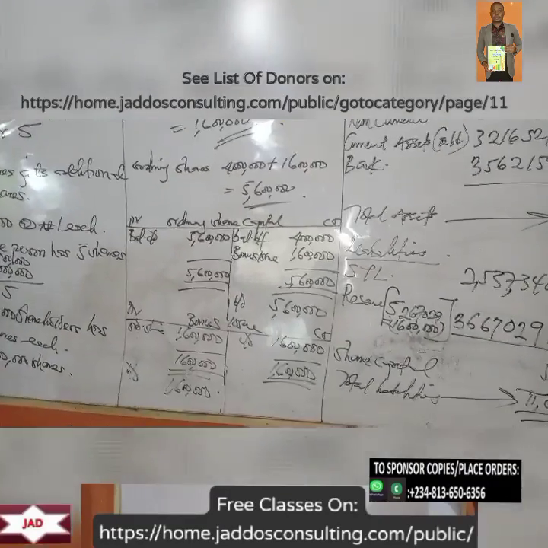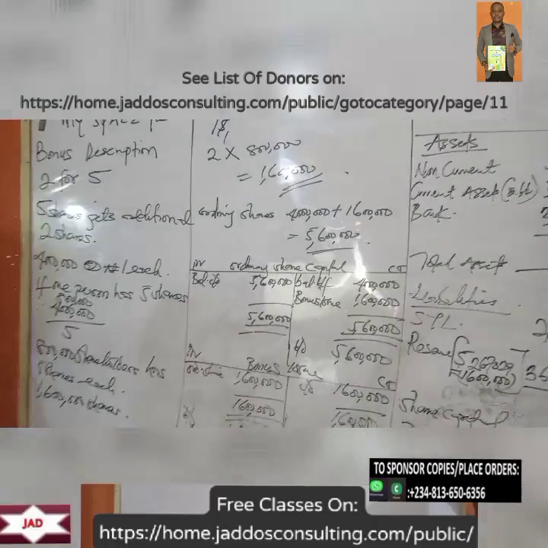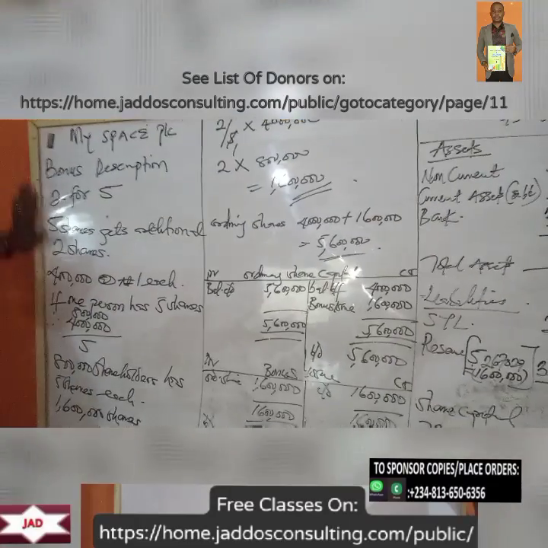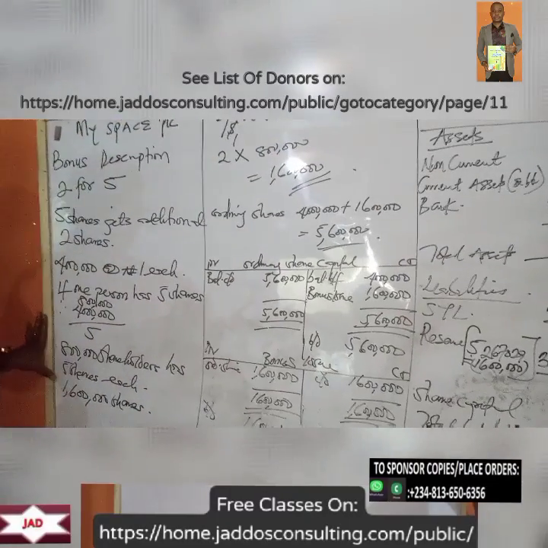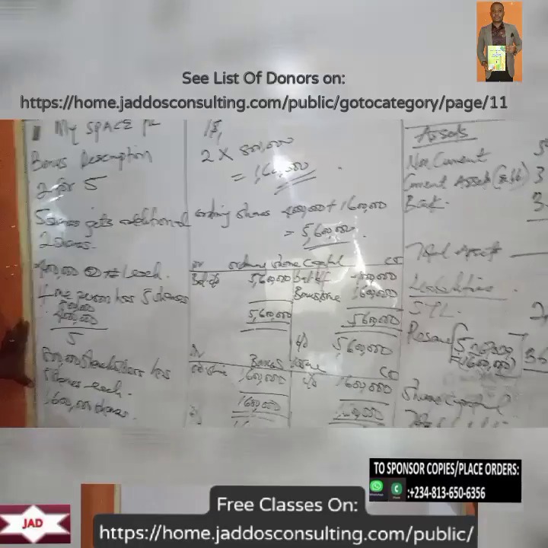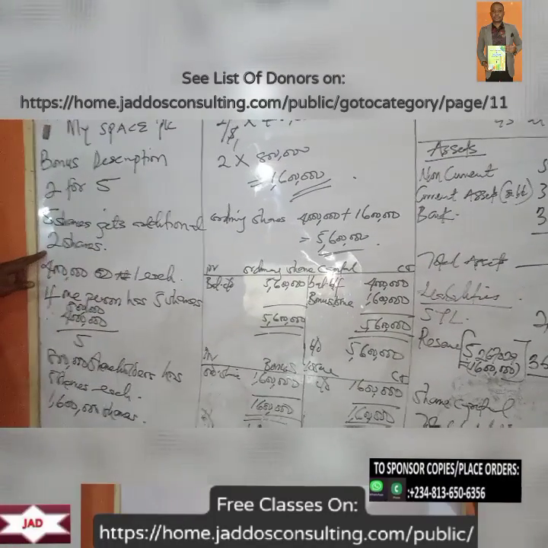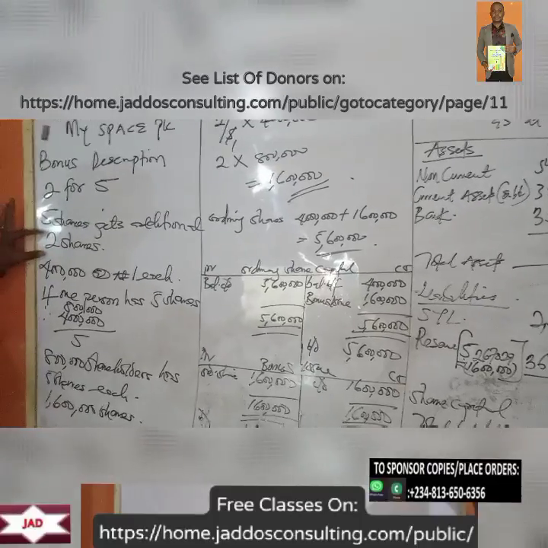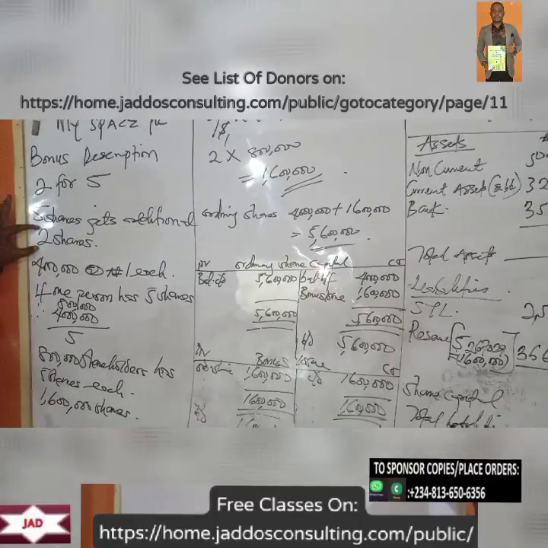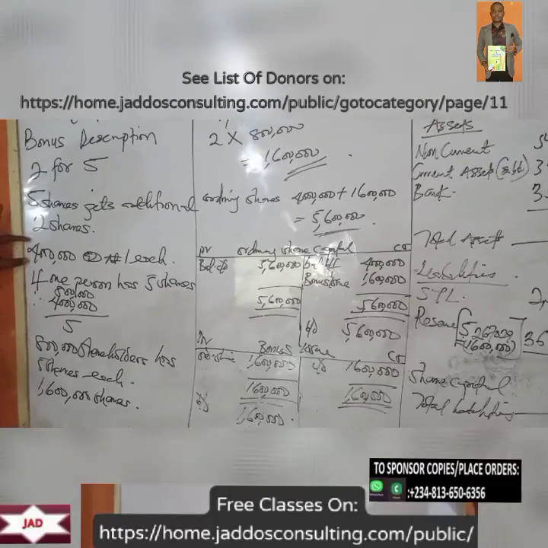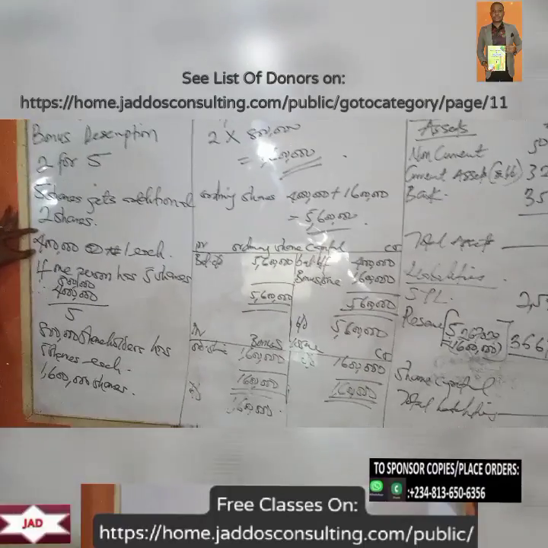So this, as you can see, is accounting for the bonus issue. So we were able to account for the bonus given to shareholders on the basis of 5 shares for 2 shares. That means if you have 5 shares, you get 2 extra. Before we gave the 2 extra, we already have 4 million ordinary shares.